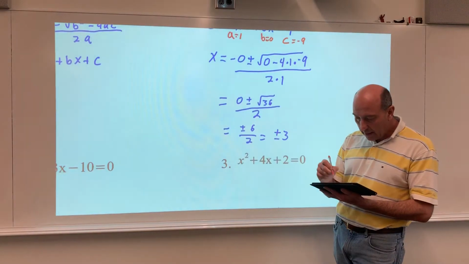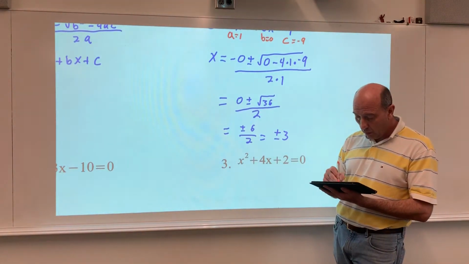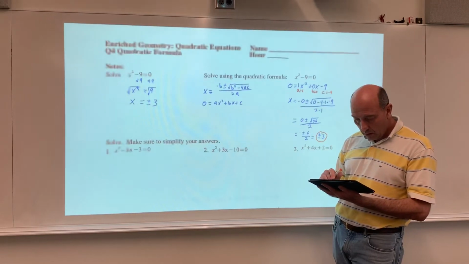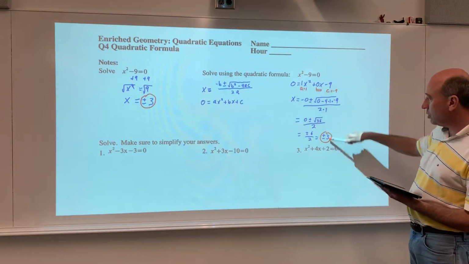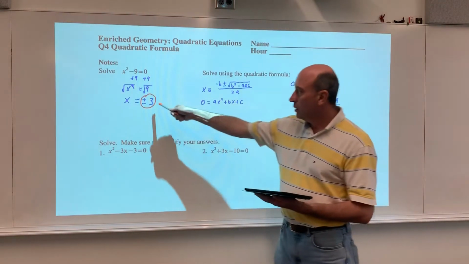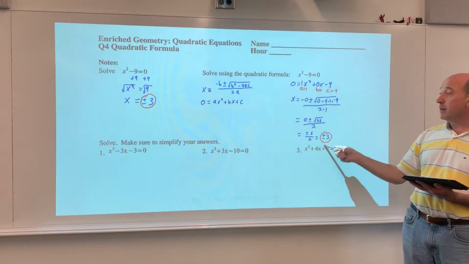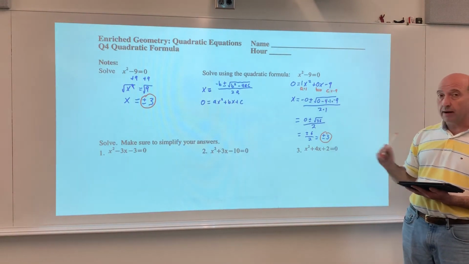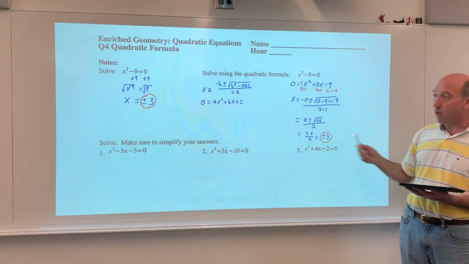And the last time we did this problem, which was the same problem, we got plus or minus 3. We got the same thing. Look, the quadratic formula works nicely. The nice thing about the quadratic formula is it always works. The bad thing about the quadratic formula is I don't see any bad thing. I love the quadratic formula.